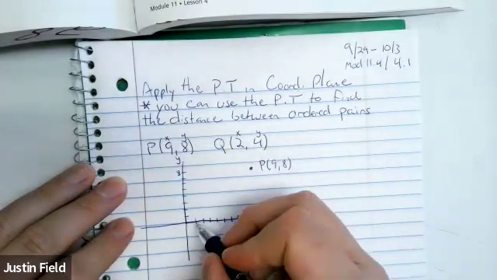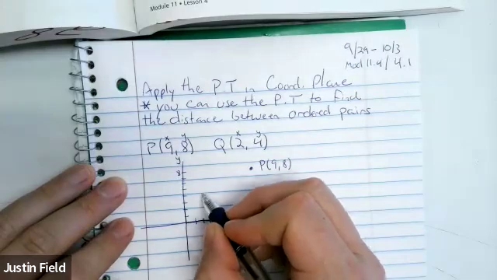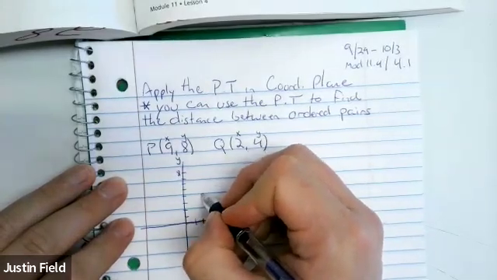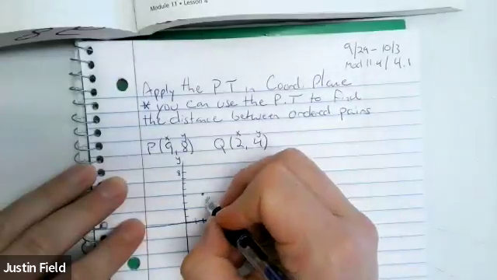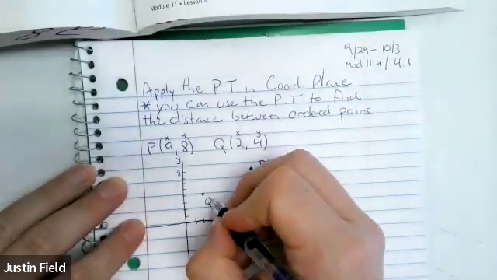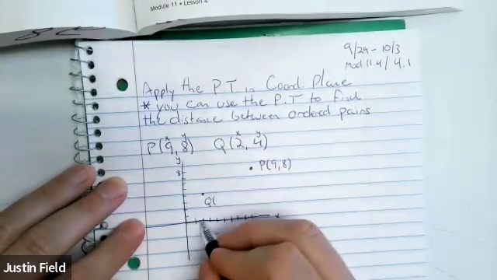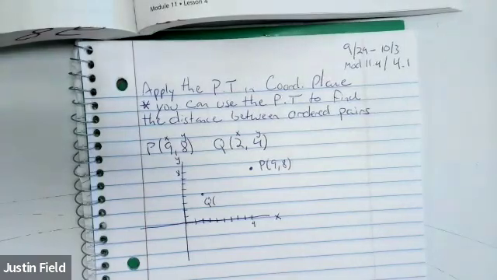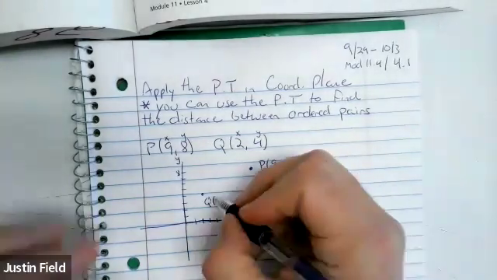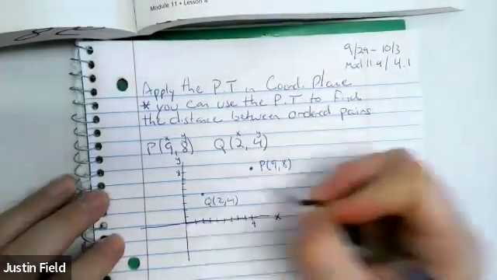Now 2, 4, going to go over 2 and up 4: 1, 2, 3, 4. And if we really need to be precise, we could always use a piece of graph paper. But as long as I try to evenly space my intervals, then I'm usually in good shape. So Q is 2, 4.